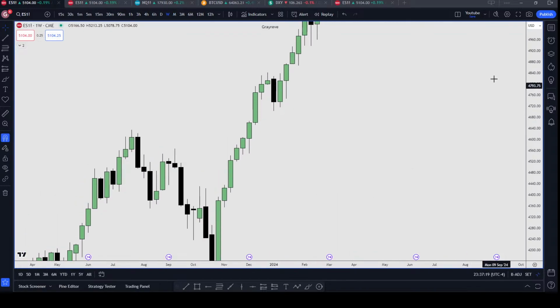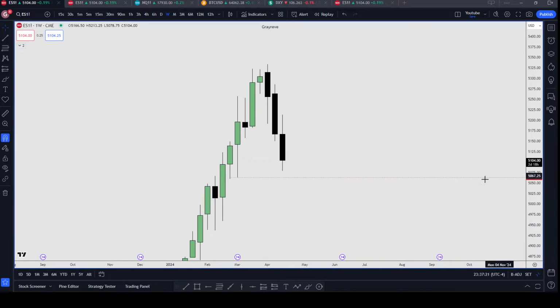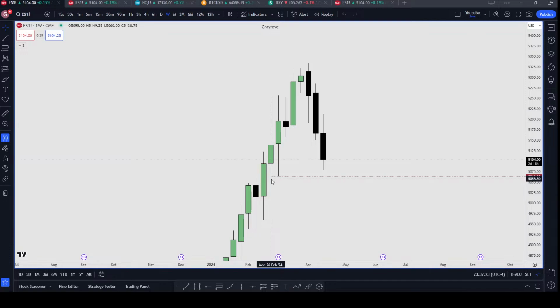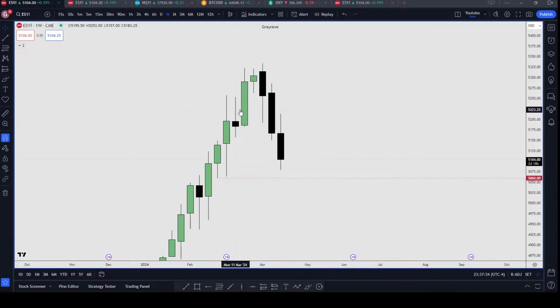Heading down into the weekly time frames, I can see that these two lows are probably swing lows on the low time frames. So I'm going to refine my targets to this swing low down here. Adding the fact that we are bearish, we should be wanting to trade towards this level here.